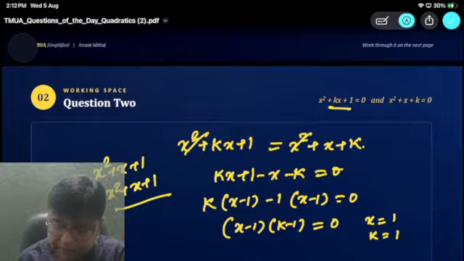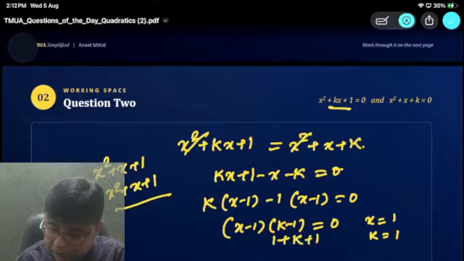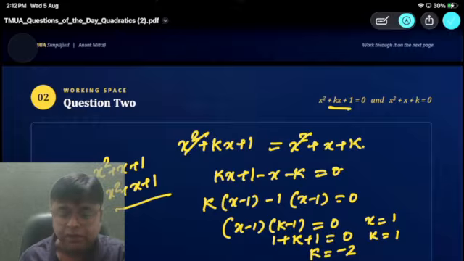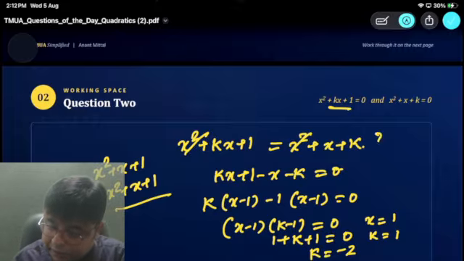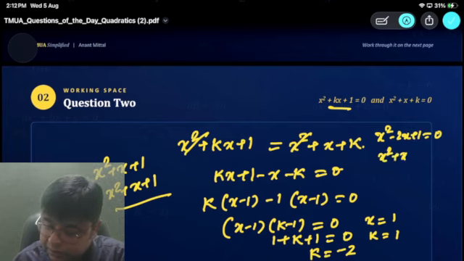Now let's put x as 1. If I put x as 1, I'm going to get 1 plus k plus 1 equals 0. So k is minus 2. Now if I put k as minus 2 in the equations, I'll get x square minus 2x plus 1 equals 0, and x square plus x minus 2 equals 0.